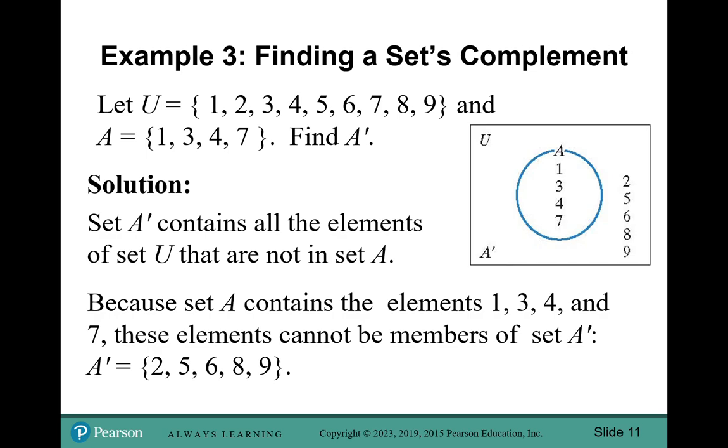So the set A complement contains all the elements of the universal set that are not in the set A. Because set A contains the elements 1, 3, 4, and 7, these elements cannot be members of A complement because they're already in A, which only leaves those elements we discussed, 2, 5, 6, 8, and 9, which I think can very easily be seen by the visual representation here.